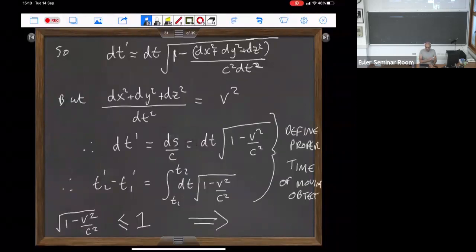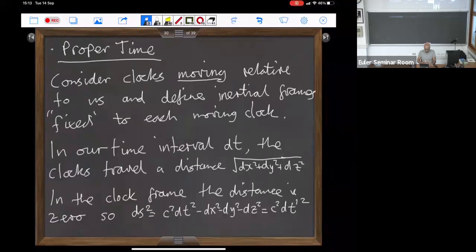So if you rearrange that formula, you get that dt prime is dt times the square root of 1 minus the infinitesimal distance squared divided by c squared dt squared. So just to go back, you can see I'm just rearranging this formula and taking the square root.